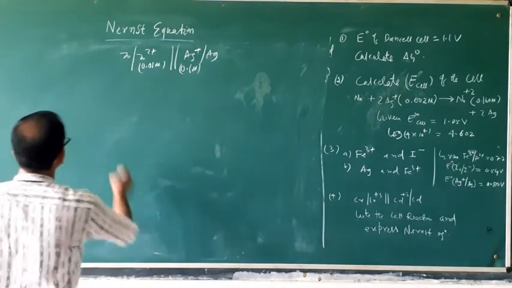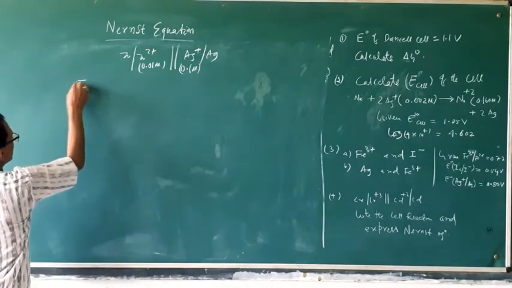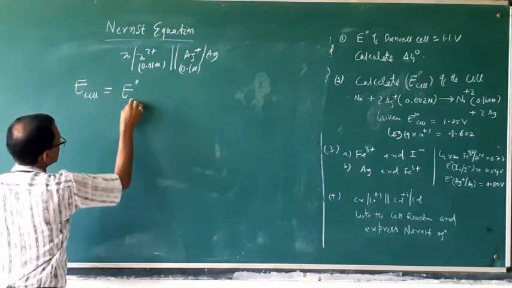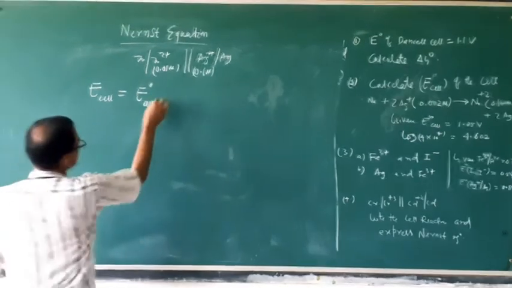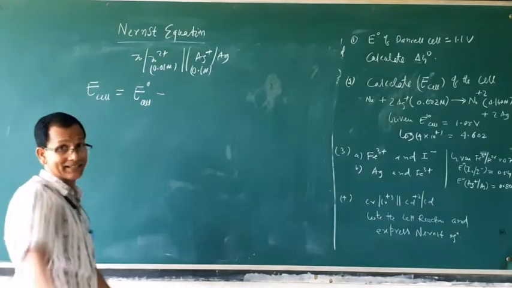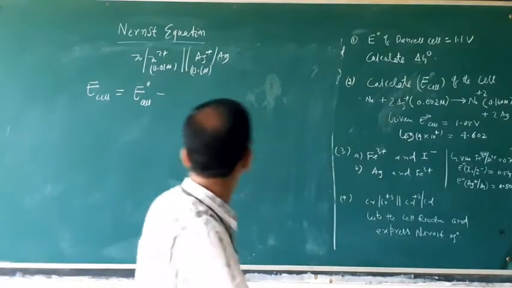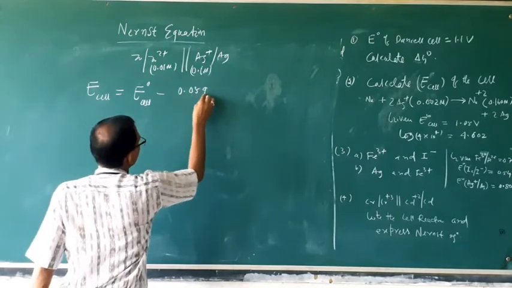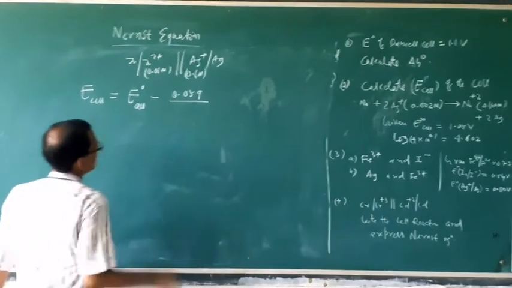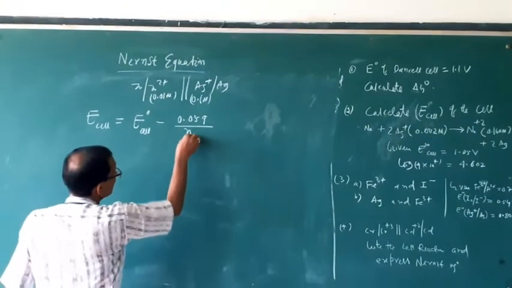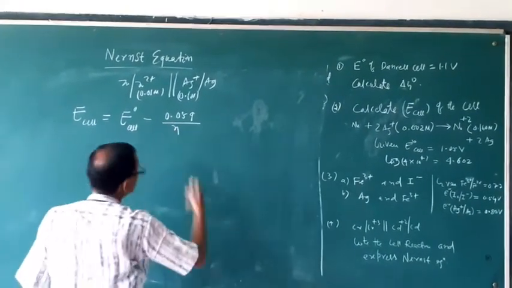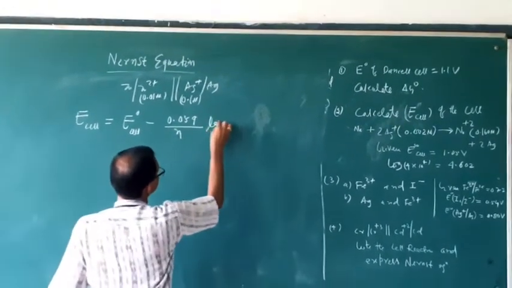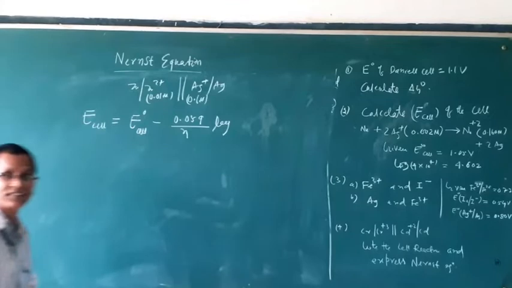So the Nernst equation expression is E cell is equal to E naught cell minus, let it be the standard state, 0.059 by n, F is already multiplied, 0.059 by n log, which is oxidized?